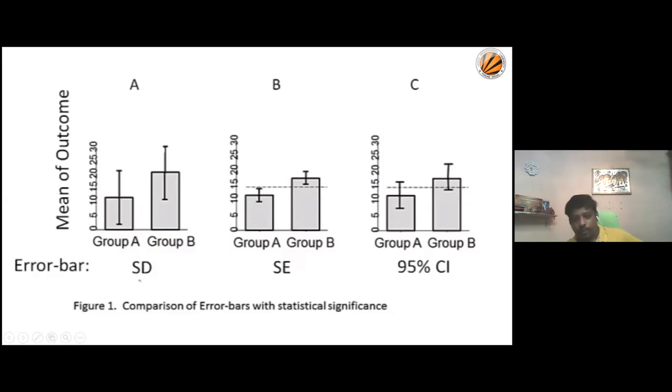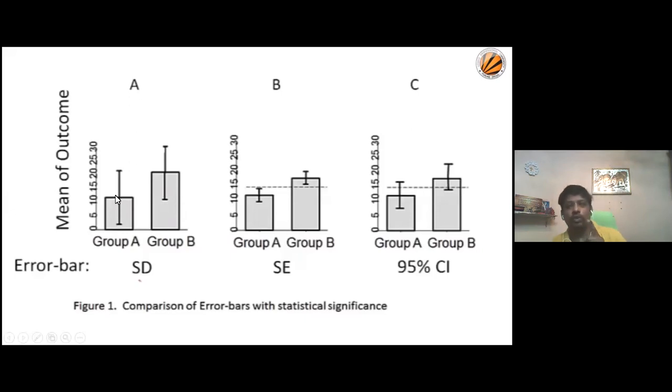So what is advisable when you're presenting your data based on your interventions between two groups, comparing the control group and experimental groups? Here we should look at how they make this error bar. They use two standard deviations. The mean, this is the mean, it's like a 10, plus or minus two standard deviations.